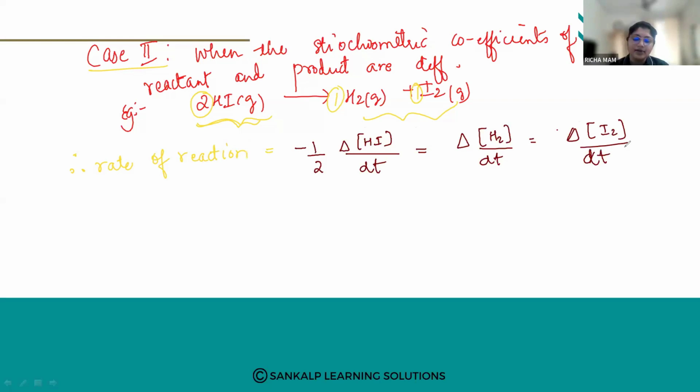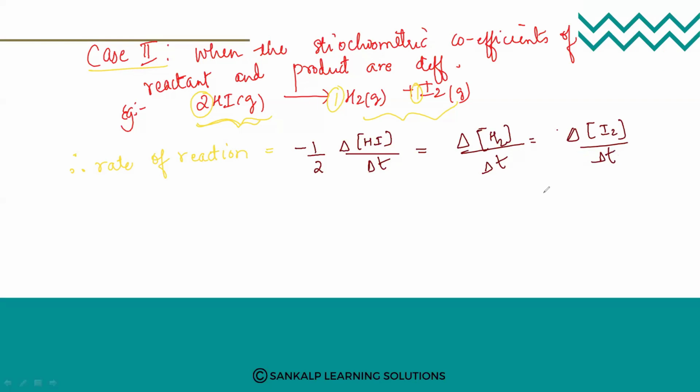Is it clear? Sorry, not dt, we'll write it as delta T only, that is the change in time. Did you get it? So ma'am, we have seen two cases.